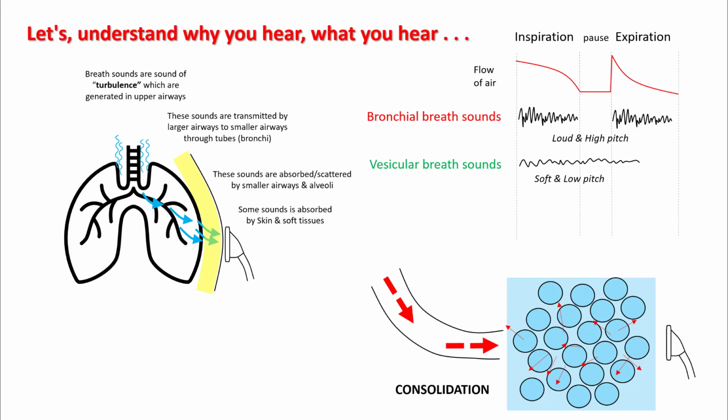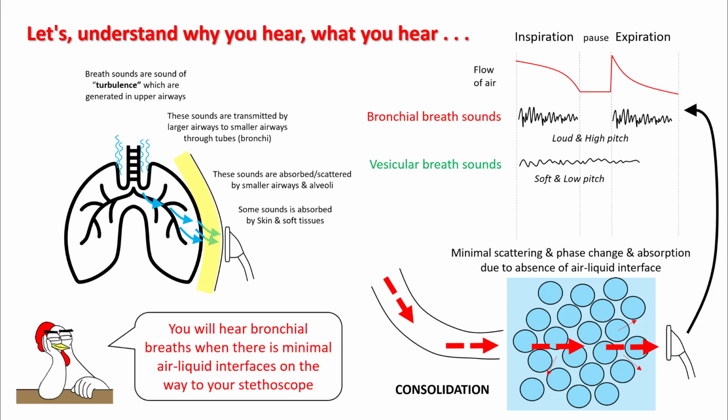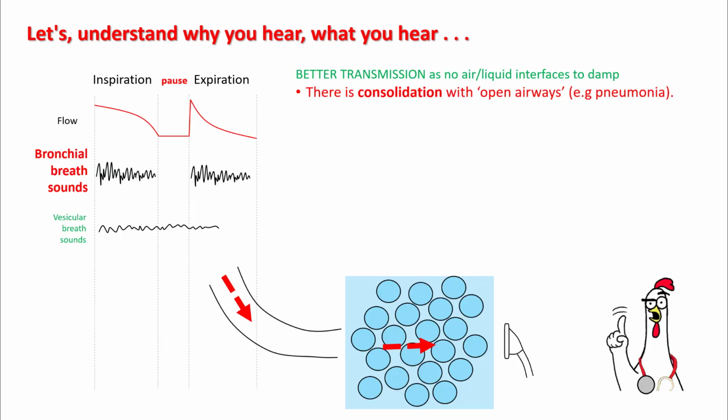If you have a consolidation of the lung, there are fewer air-liquid interfaces, so there is less scattering, phase change, and absorption. So the upper airway sound can now go unimpeded through the lungs and can be heard through the stethoscope. This is abnormal, and this is called bronchial breath sounds. So you'll hear bronchial breath sounds when there is minimal air-liquid interface on the way to your stethoscope.